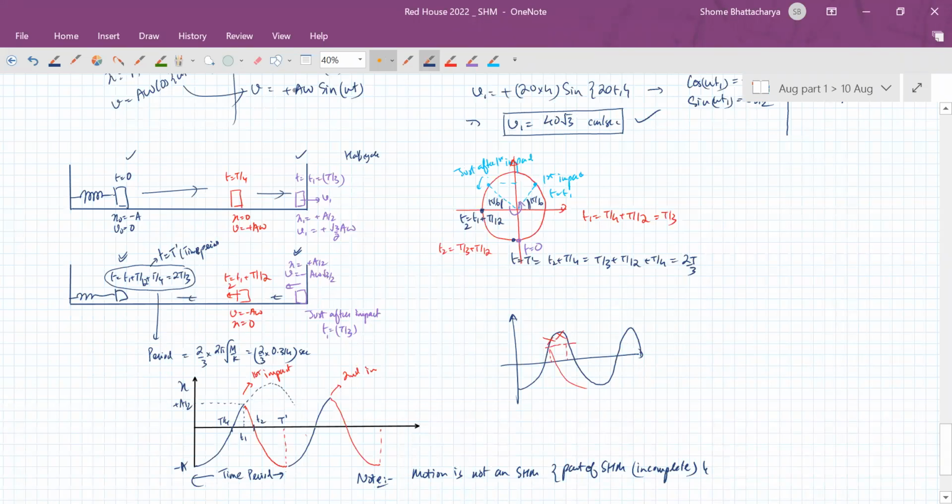The last part was that if the first impact happened with a coefficient of restitution 0.75, then find the maximum compression of the spring. Now this part you can do by work energy also, because it's just asking for maximum compression. It's not asking at what time the compression will be maximum. But try to also understand it if you can from the SHM method.